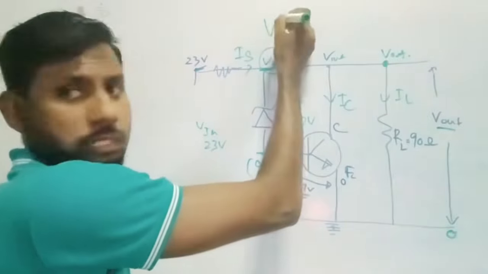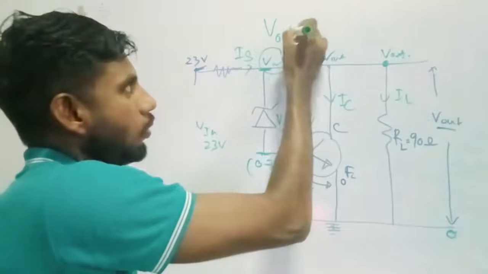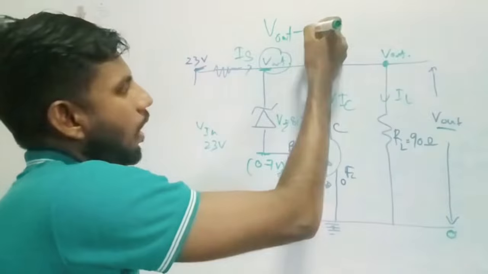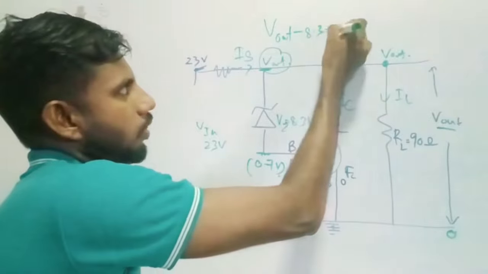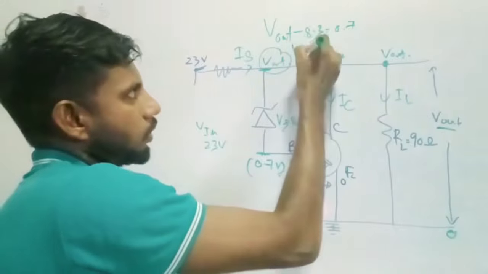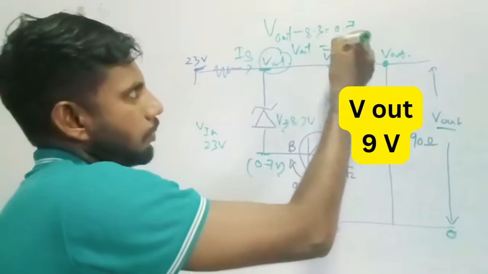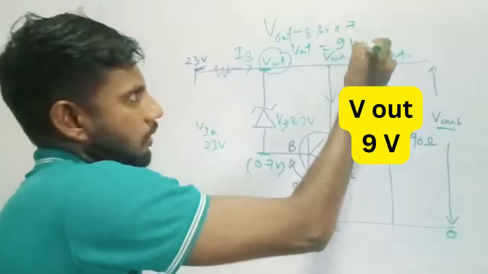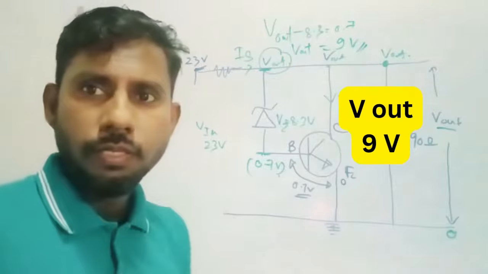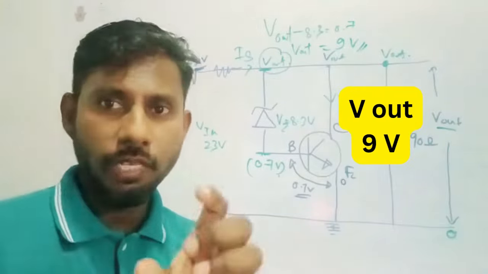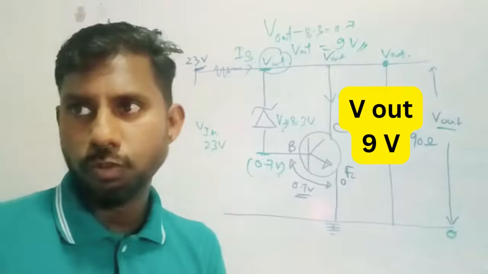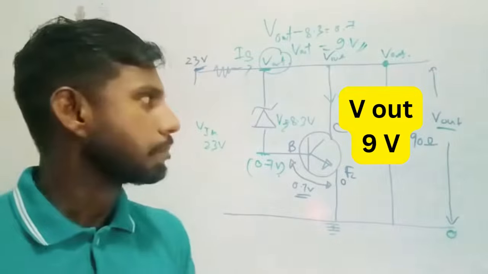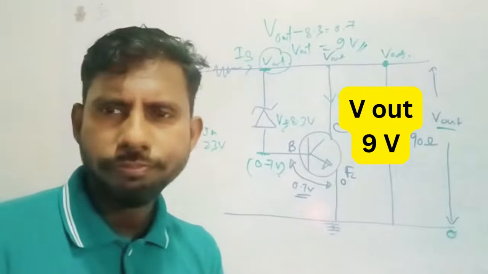I hope you can see this. Vout minus 8.3 is equal to 0.7, then Vout is equal to 8.3 plus 0.7, that's 9 volt. That's how you get the answer. That's the answer for the first question: Vout, taking VBE as 0.7. We have done that question.